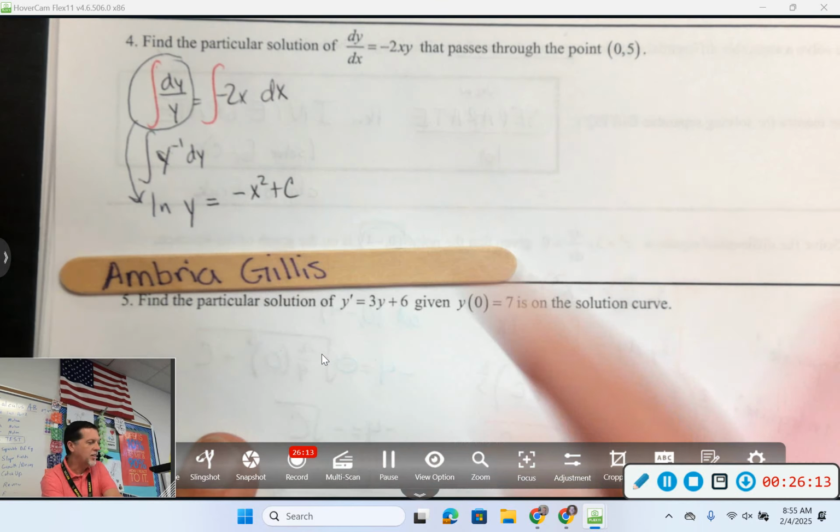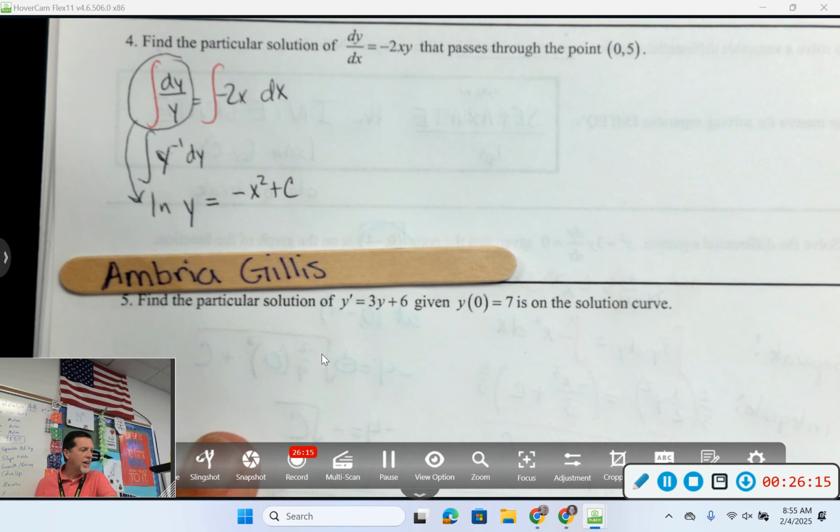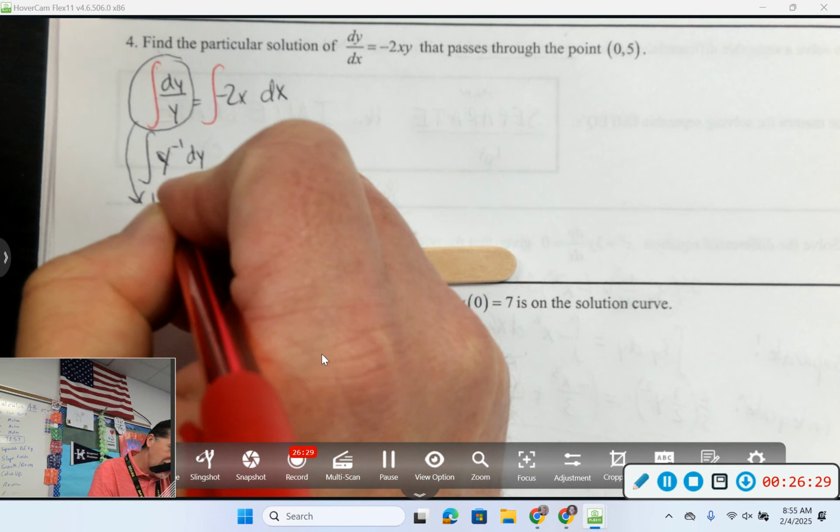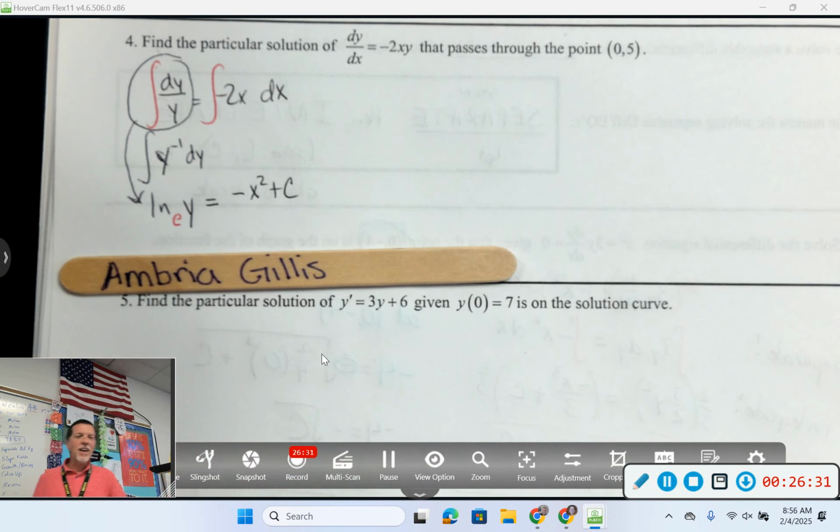Ambria, what do I do to solve that for y? Any idea? This goes back to algebra 2, maybe? How do I undo this natural log? What's the opposite of natural log? E. So there's two ways to think of it.